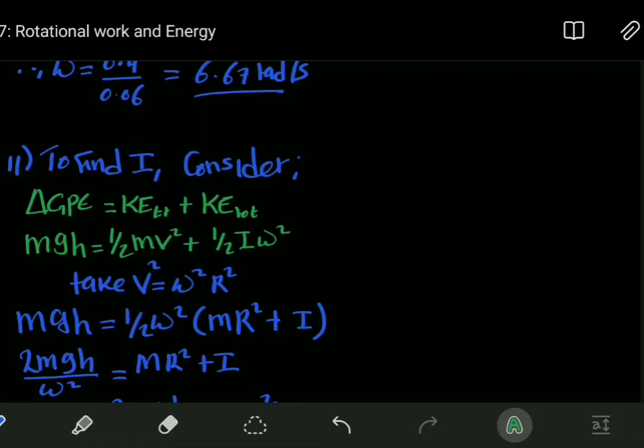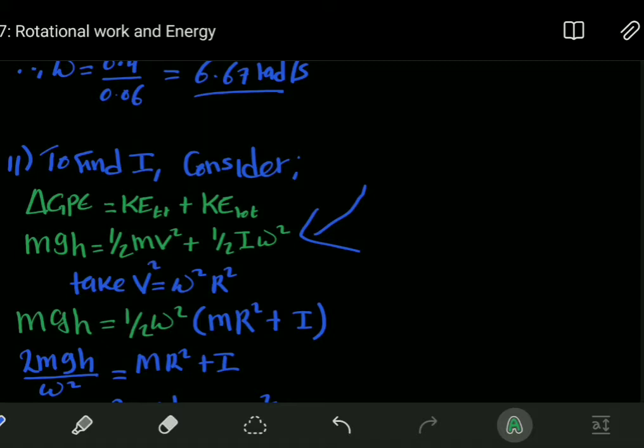We know that v squared can be expressed as omega squared r squared, and therefore we can rewrite this equation as mgh equals half omega squared.